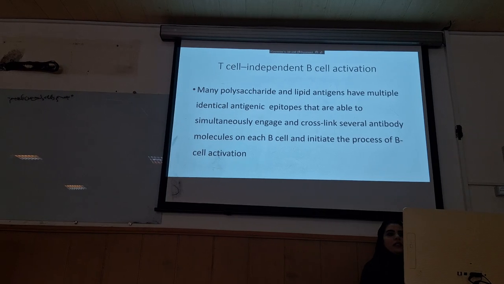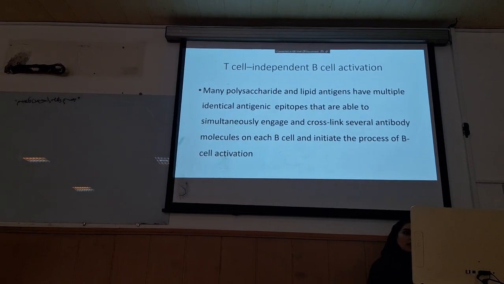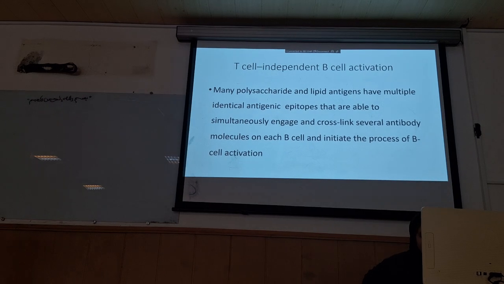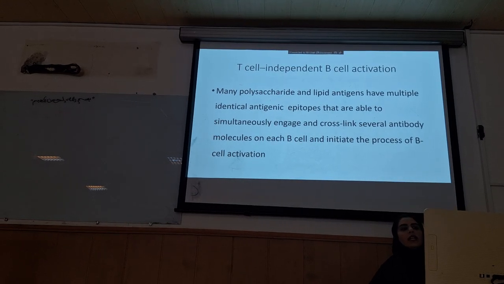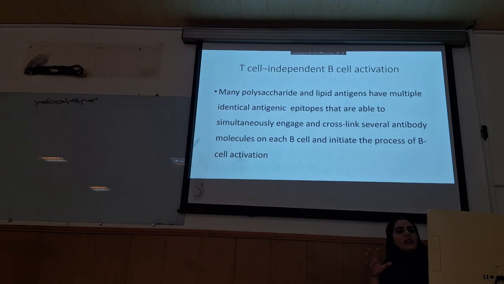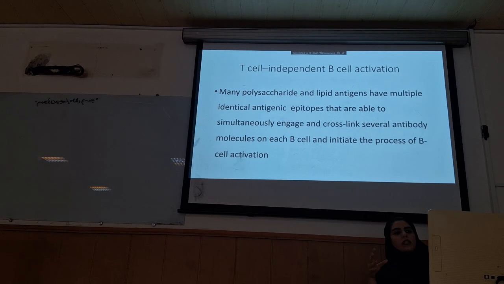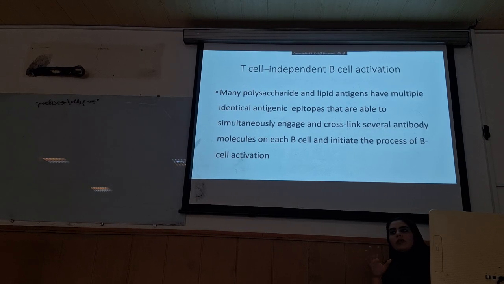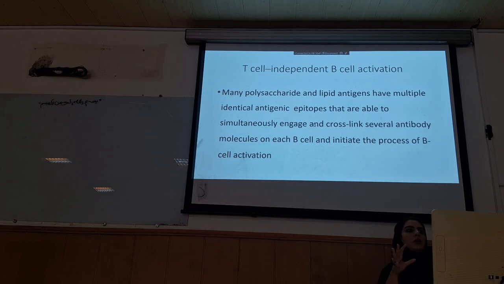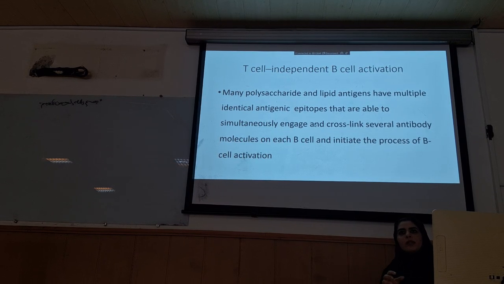In T cell independent B cell activation, many polysaccharides and lipids can simultaneously engage and cross-link antibody molecules, and the initiation of the process of B cell activation will happen without any dependence on T cells, without any antigen presenting, for example.